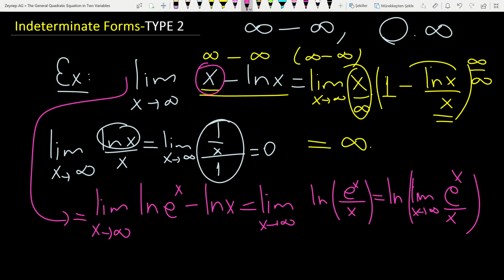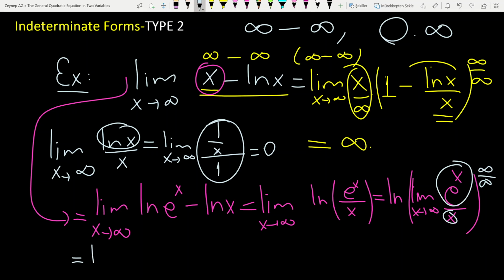So what do you see when you look at this expression? E to the power x goes to infinity, x goes to infinity when x goes to infinity. So you have the infinity over infinity case inside the parentheses, right? So it means you can apply L'Hopital's rule.